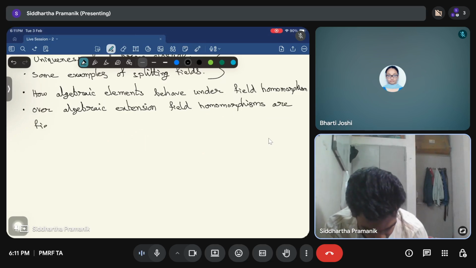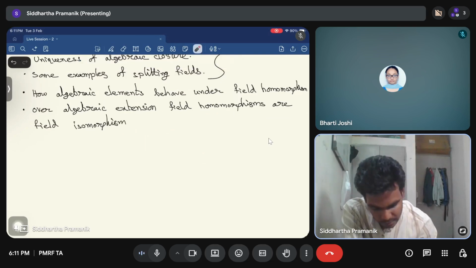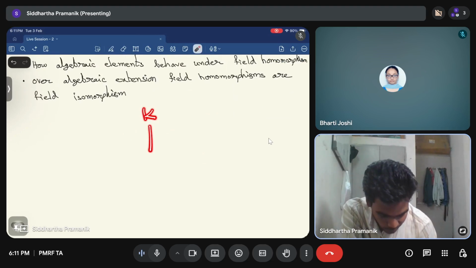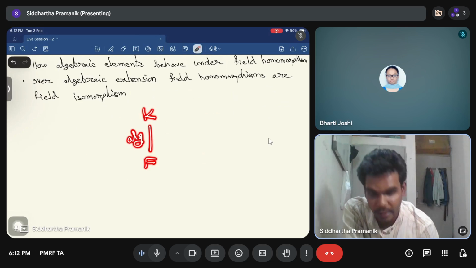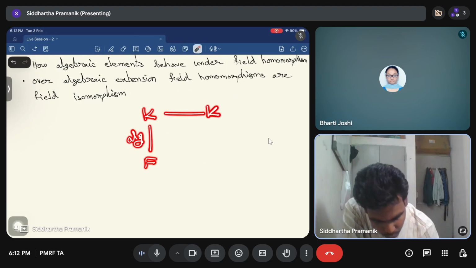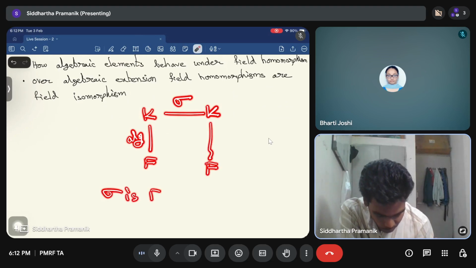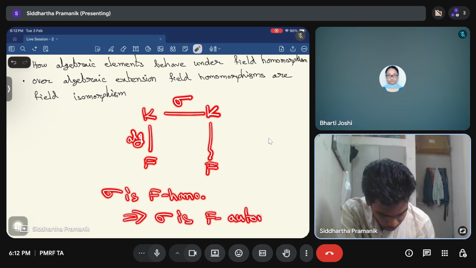So what this says is, if you have an algebraic extension K over F, and you take a homomorphism sigma from K to itself that fixes F, so sigma is an F-homomorphism, then sigma has to be an F-automorphism. So this is the result.